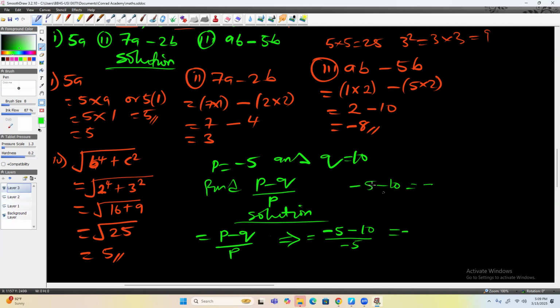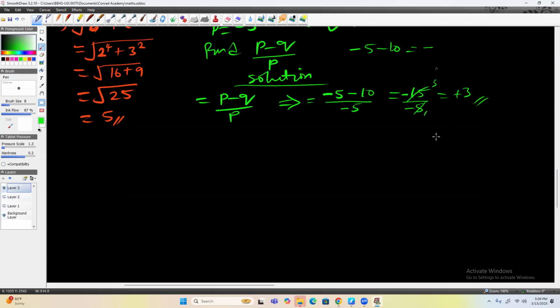So, minus 5 minus 10 is minus 15, over minus 5. Negative divided by negative is positive. 5 here, 1, 5 here, 3. So, you have positive 3. And that gives you your answer. Does that make sense? I believe so.